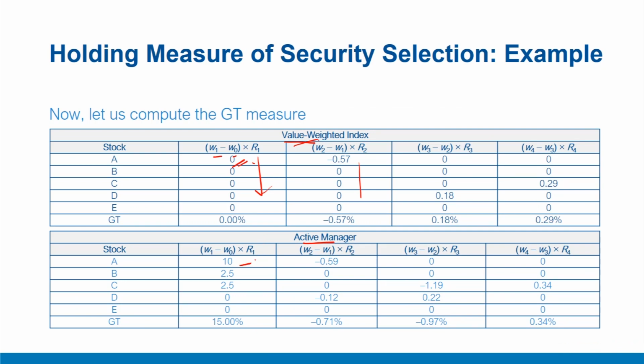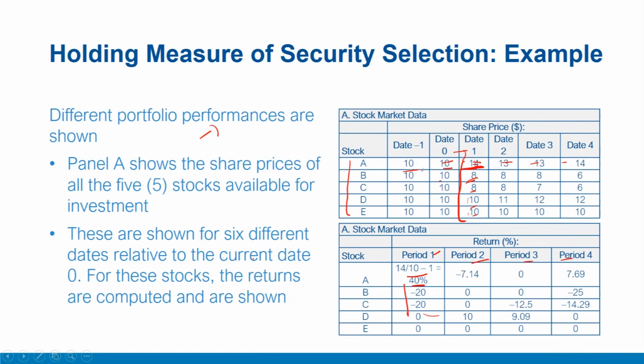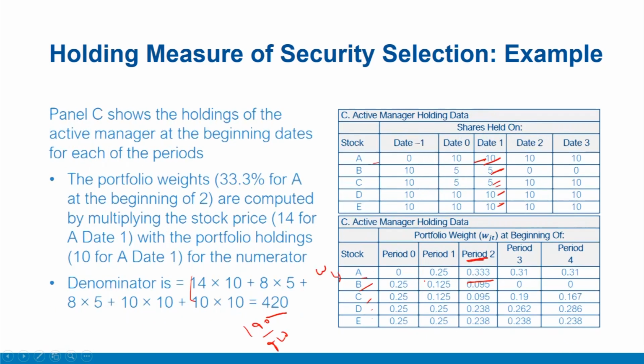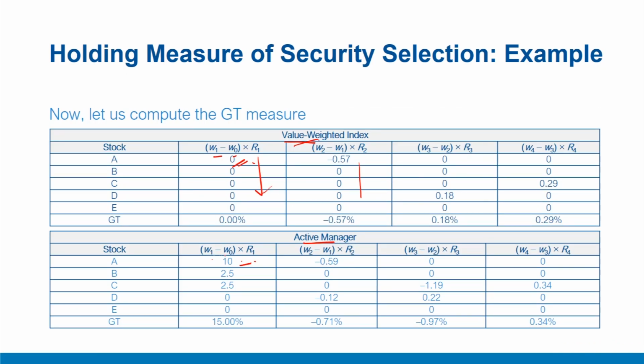Similarly, if you look at stock A for the active manager, W1 minus W0 into R1. The return for stock A in period 1 is 40%, multiplied by the change in weight. The change in weight for the active fund manager is 0.25 minus 0, which is 0.25.